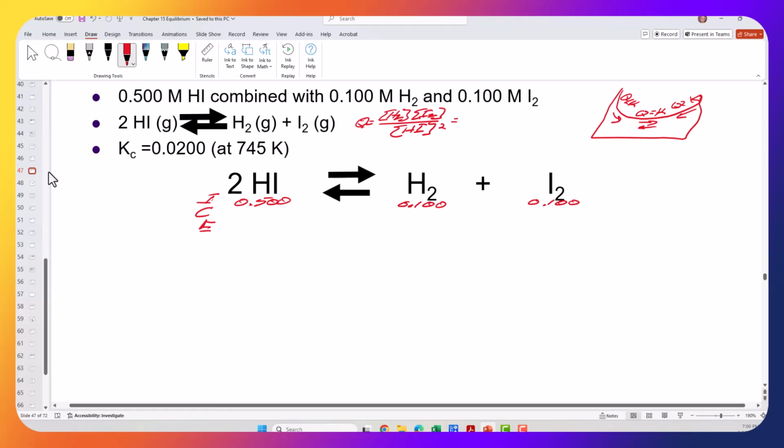All right, so we're just going to go ahead and calculate Q here. The concentration of H2 is 0.100, and the concentration of I2 is the same, 0.100. And then the concentration down here for HI is 0.500, and we have to square that term.